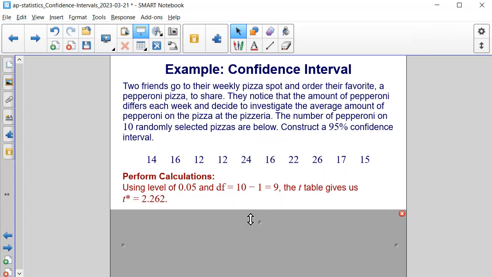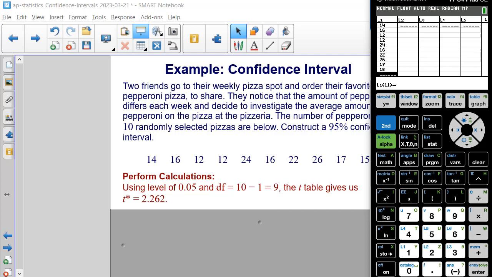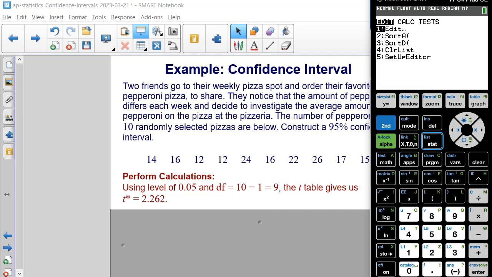Next, we need to determine the sample mean. So we can put our data points into a calculator, as is shown here, and then we can go to Stat, Calculate, one variable stats, and it will give us the sample mean of 17 and 4/10.